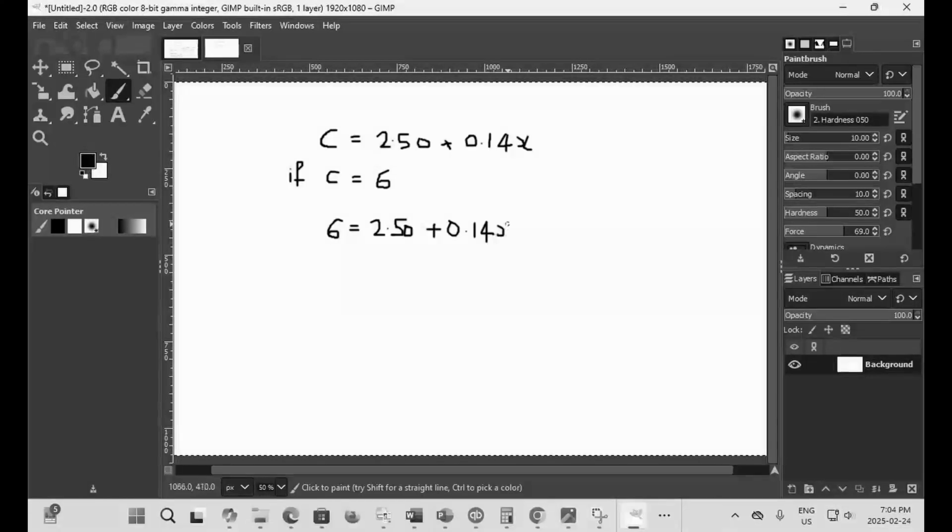Now we have to solve for x by isolating x. So 0.14x equals 6 minus 2.50, so x equals 3.5 gigabytes.